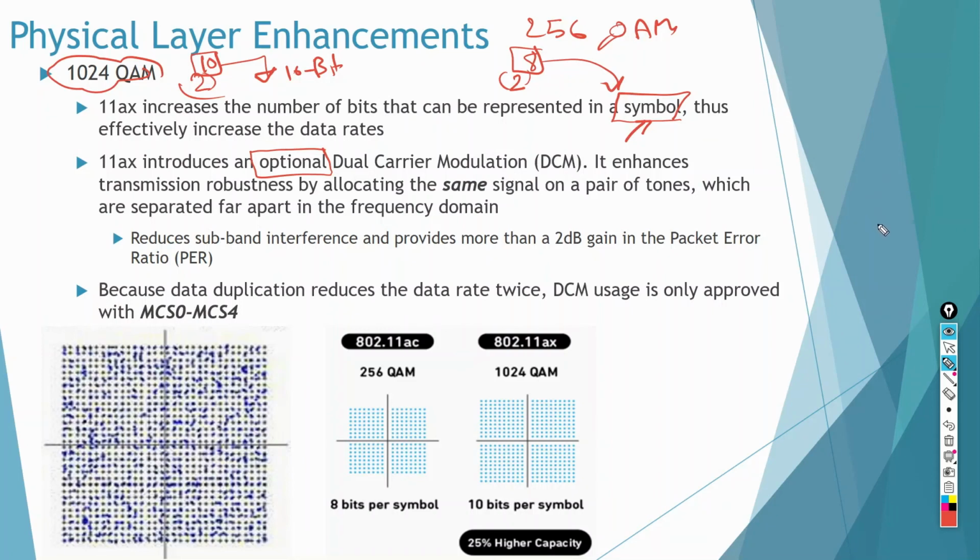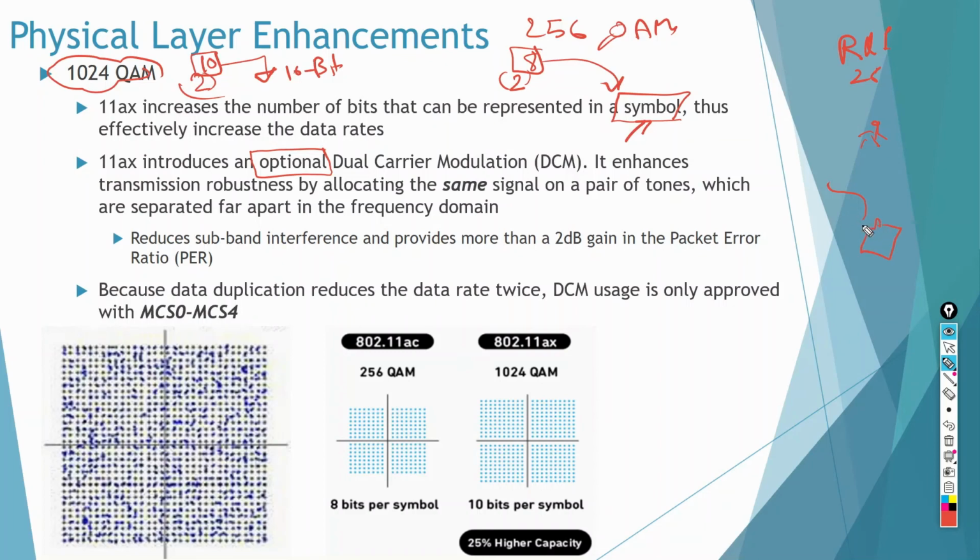Let's say I have an access point, and it wants to transmit data to a user, and let's assume that this user is assigned an RU of 26 subcarriers. Sorry, I said subscribers, I meant subcarriers.